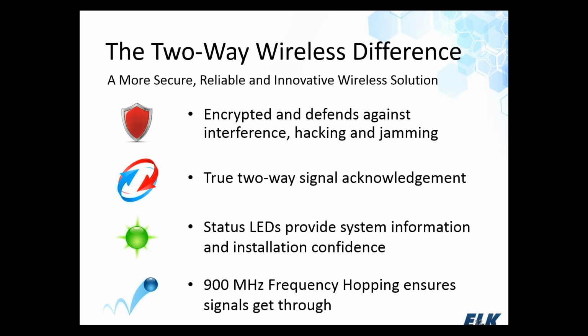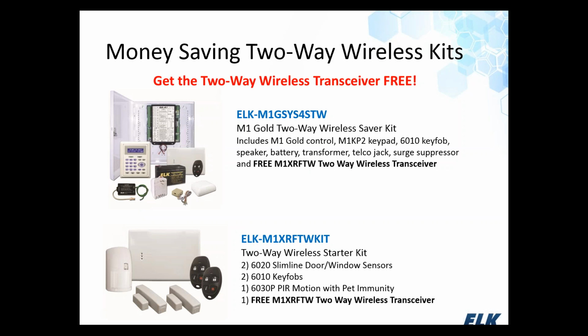So a lot of work's been put into the ELK two-way wireless product line to help give indication back that something has happened or that the signal got through. Also, a couple nice features like the courtesy LED built into the wireless PIR.